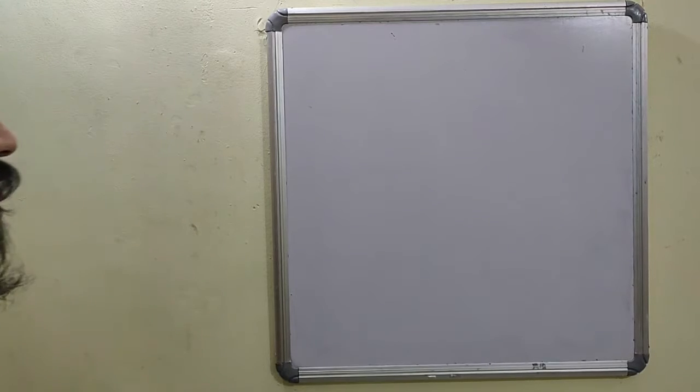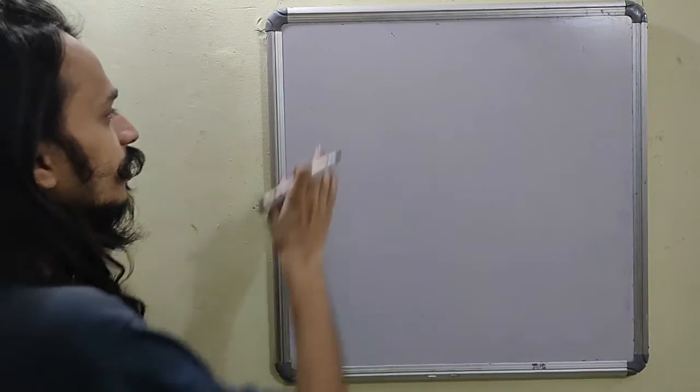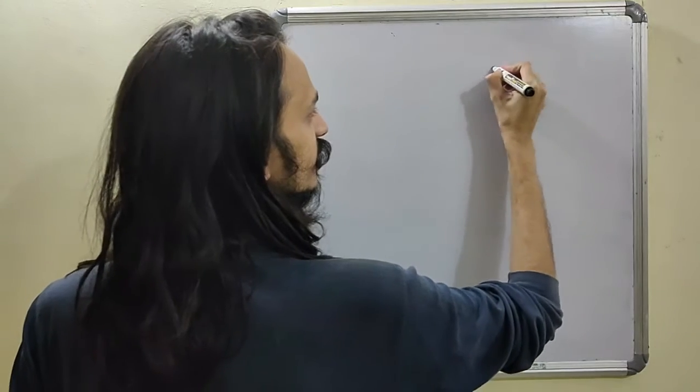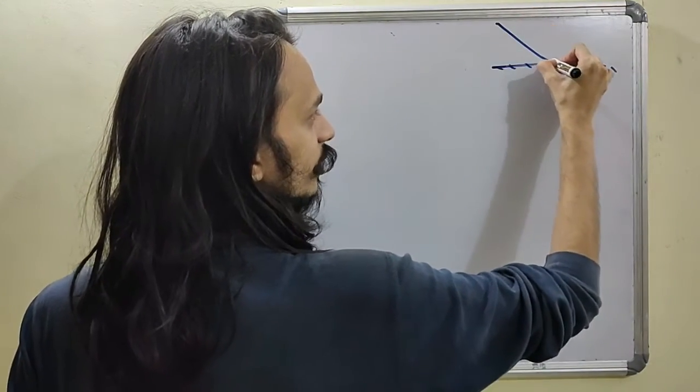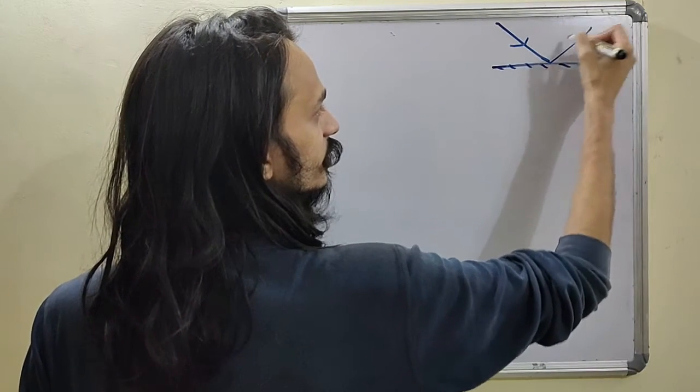Right, so now let's diagrammatically see what happens when this is happening. We have seen in reflection that if there is a mirror, then light is going to come, strike it and bounce back, correct?